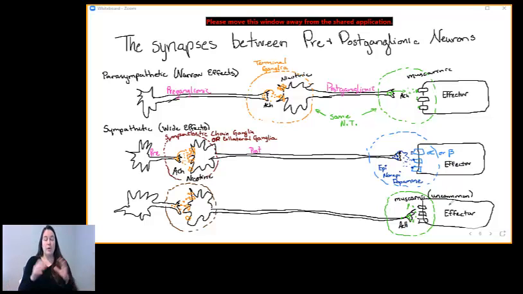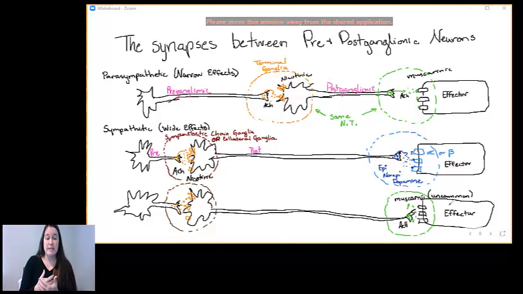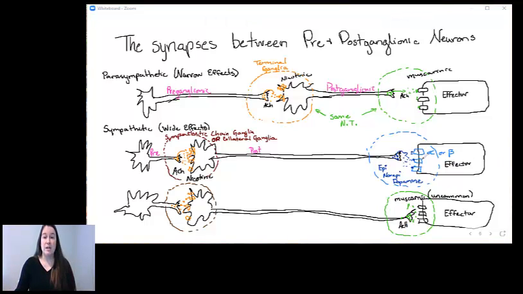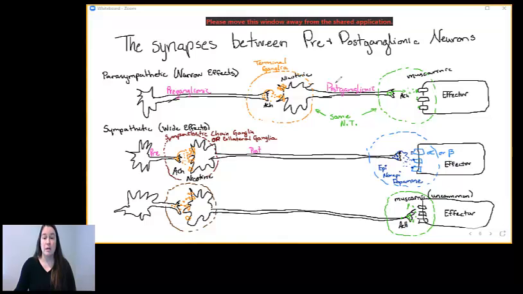Okay, so now we have considered the receptor location and the neurotransmitter being released at each of the parasympathetic and sympathetic systems, between either the synapse between the preganglionic and postganglionic neuron or the synapse taking place between the postganglionic neuron and the effector organ. So just a little data to kind of throw back.